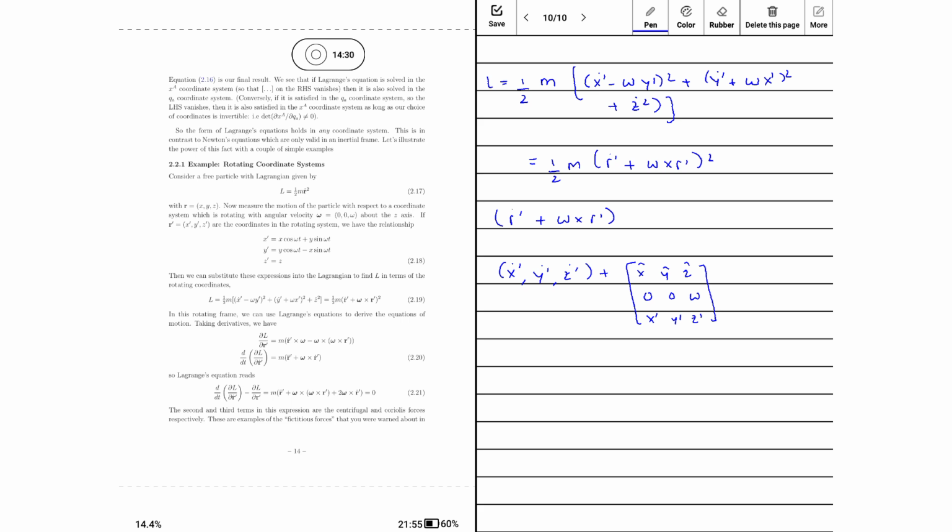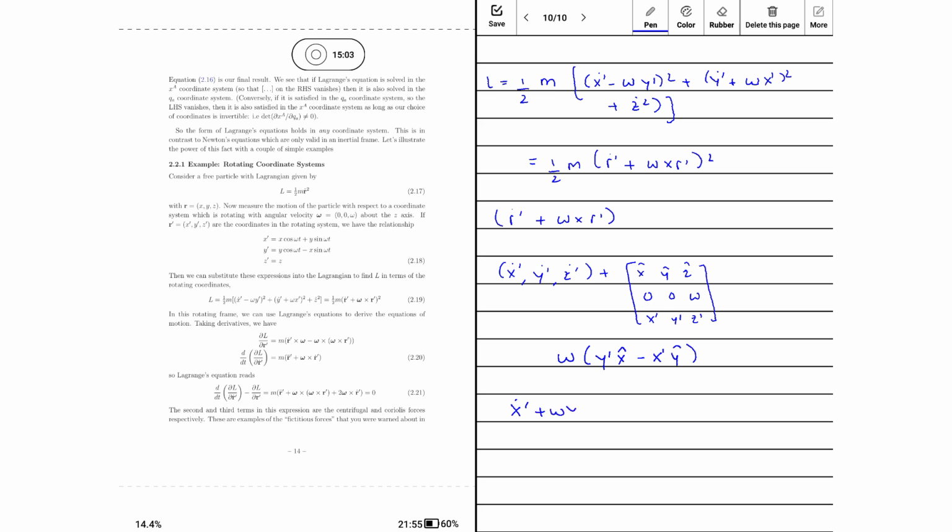So let's do it. This omega y hat x cap minus x hat y cap. So that together, basically it is x dash plus x cap, no?